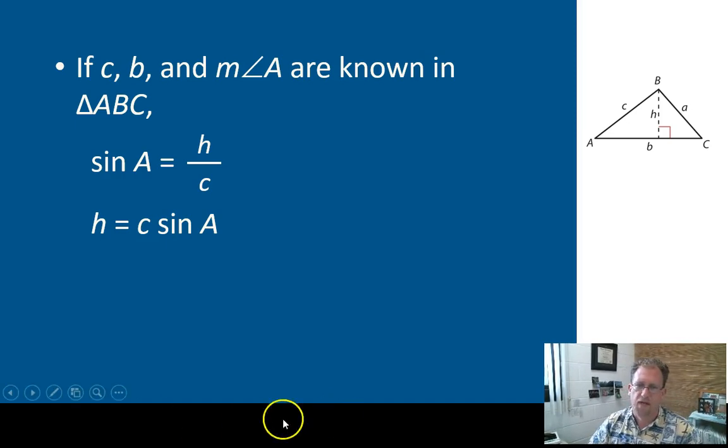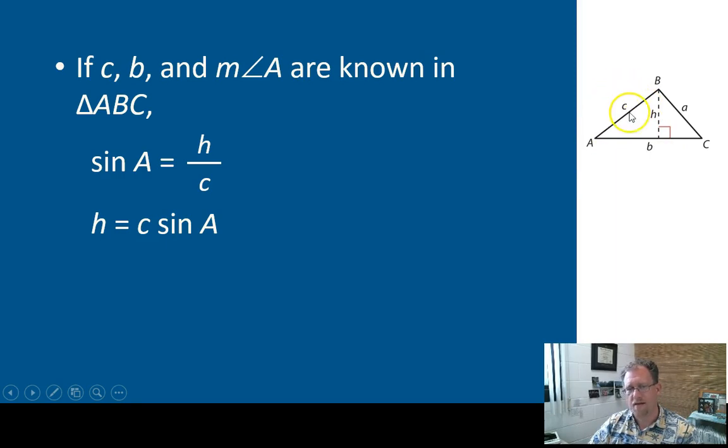Triangle ABC. If I know that measure A is what it is, I have the angle, I have measure A, and I don't have the height, I can use the sine of A, which is the opposite side, this altitude I don't have, divided by the hypotenuse of this drawn-in right triangle, right?